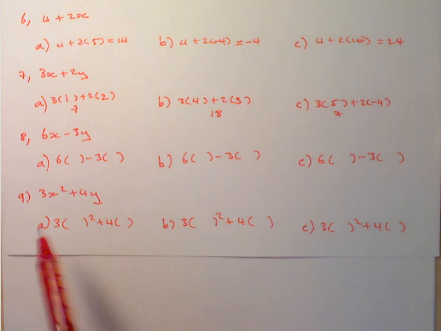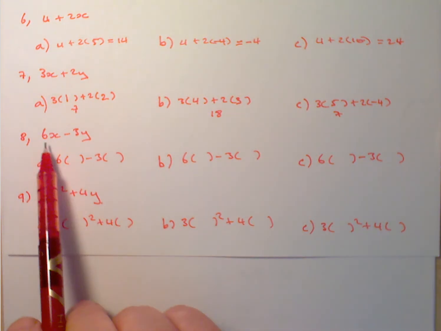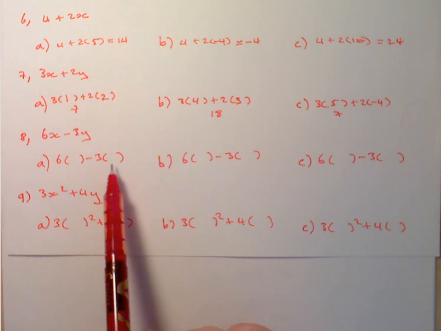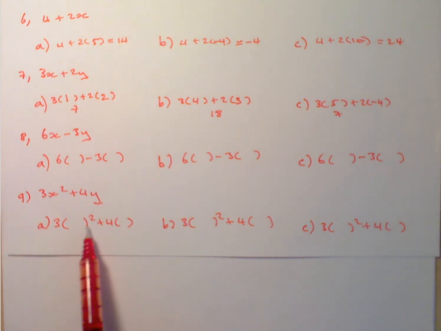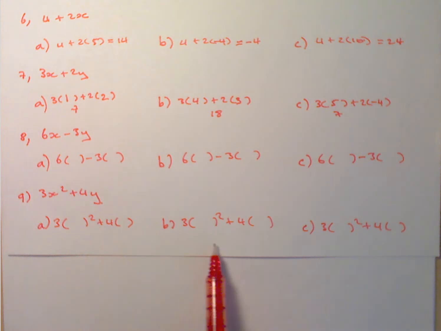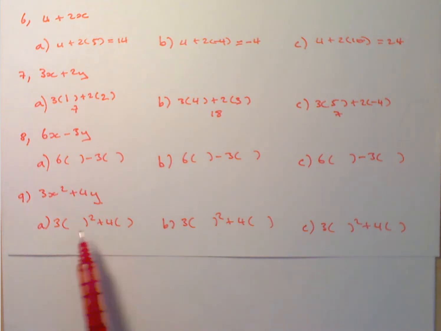So you can see in questions 8 and 9, I have just replaced the letters with open brackets. And I've done that 3 times. 3x squared plus 4y is 3 open bracket squared plus 4 open bracket, and so forth. Okay, so I've just written it out 3 times, and then I'm just going to put in the numbers that they suggest.